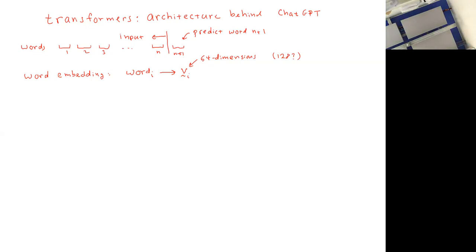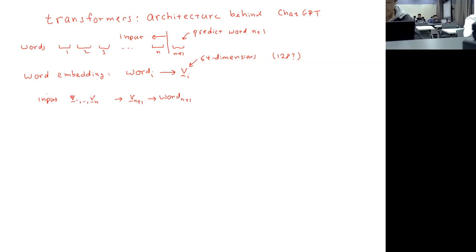So basically what you do is you take as input V1 through Vn, and the output is Vn plus 1, which you can then turn back into a word. We're not going to worry too much about the embedding and unembedding steps, which have been around for a while. Instead, we're going to focus on this transformation.